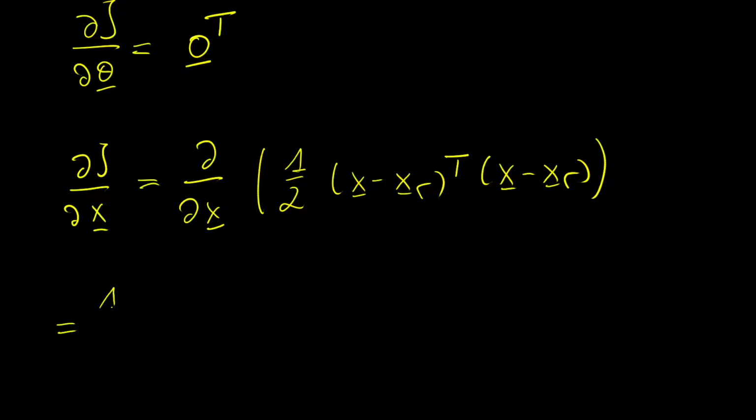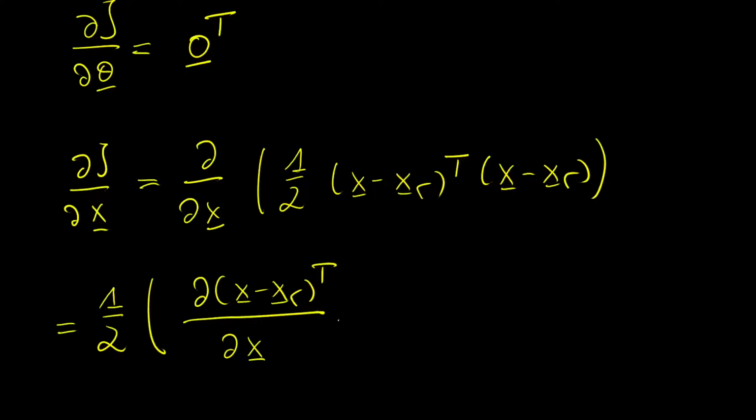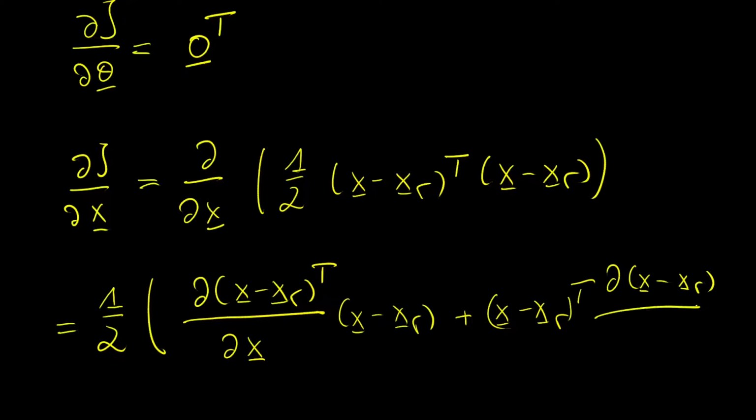In essence, we're getting 1/2 and then, opening bracket, the derivative of (x minus xr) transpose with respect to x times (x minus xr), plus (x minus xr) transpose times the derivative of x minus xr with respect to x, and then we close this down.